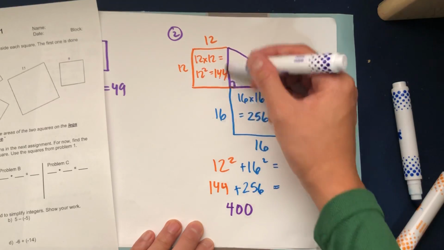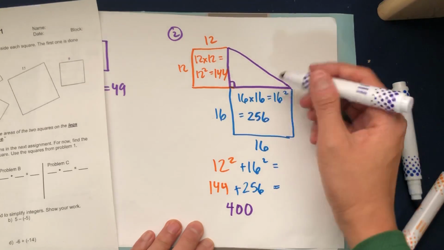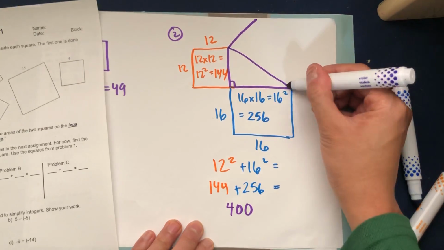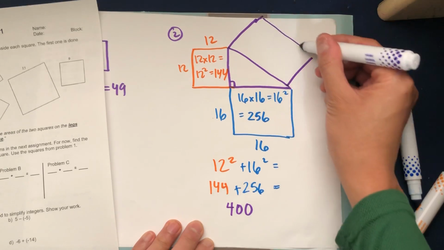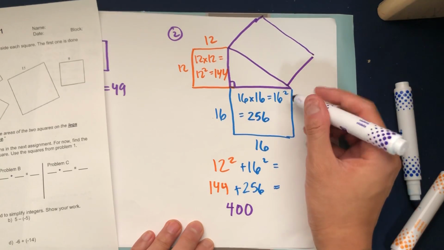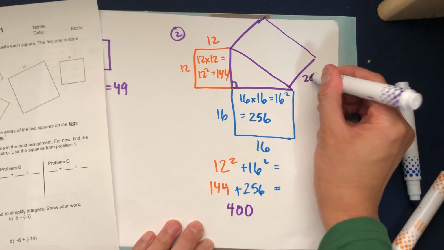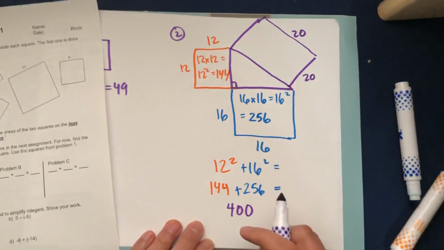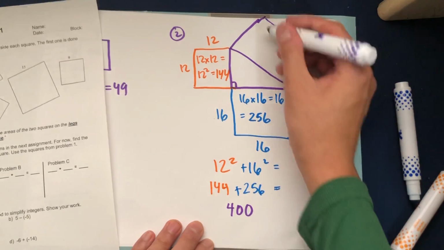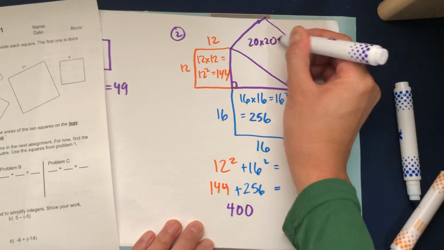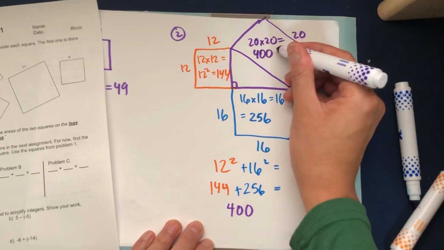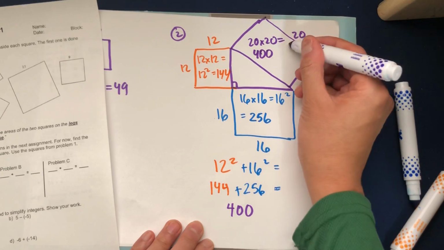When you add these two smaller squares, you end up getting the larger square. And our larger square will have a length and width of 20. So 20 times 20 is equal to 400, which is the same thing as 20 squared.